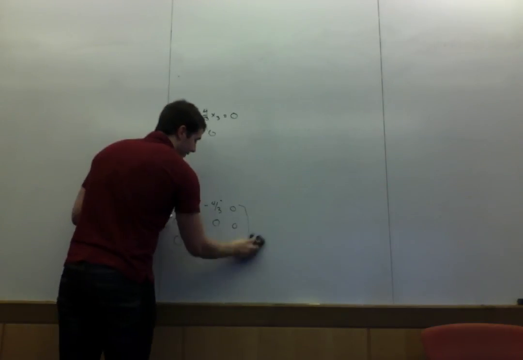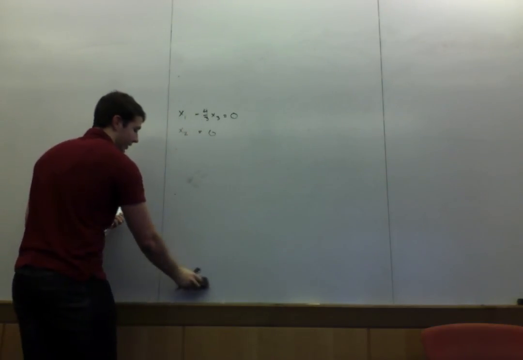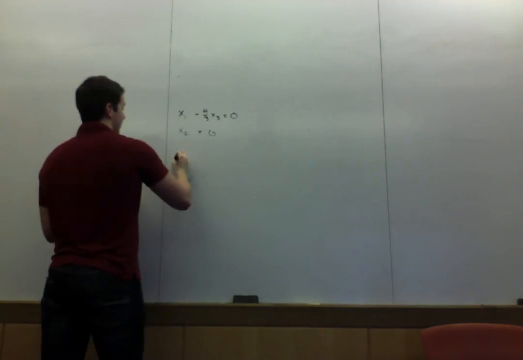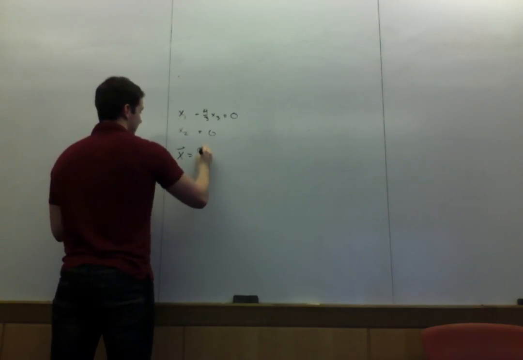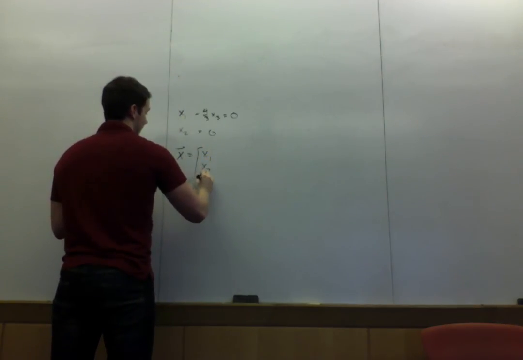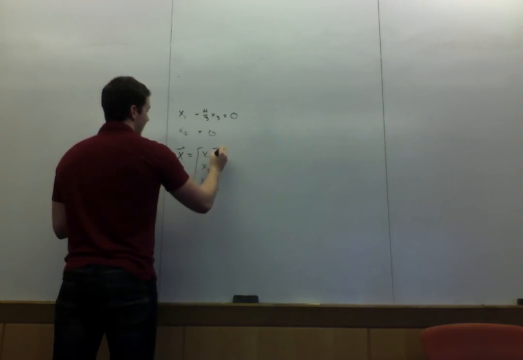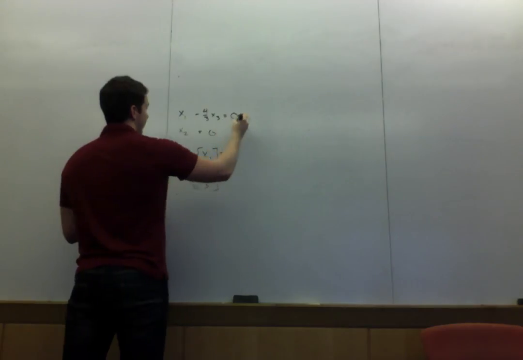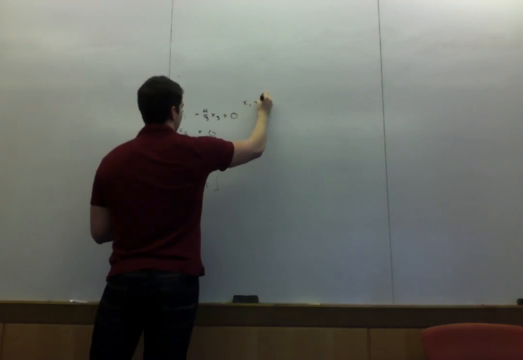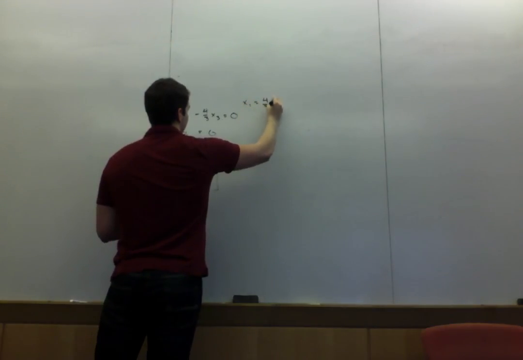But we can rewrite this in a vector. Apologize for the skipped step there. So we have our x vector, which is x1, x2, x3. We can solve for x1 up here. Say that x1 is equal to 4/3 x3.